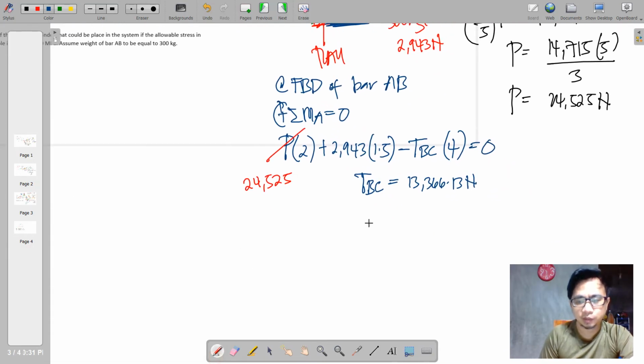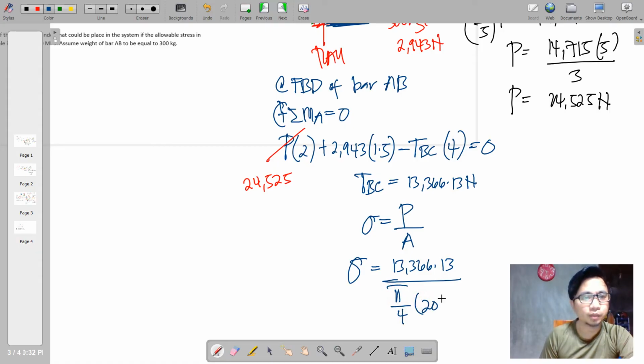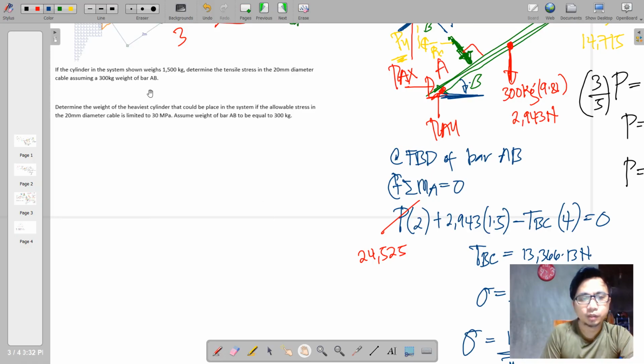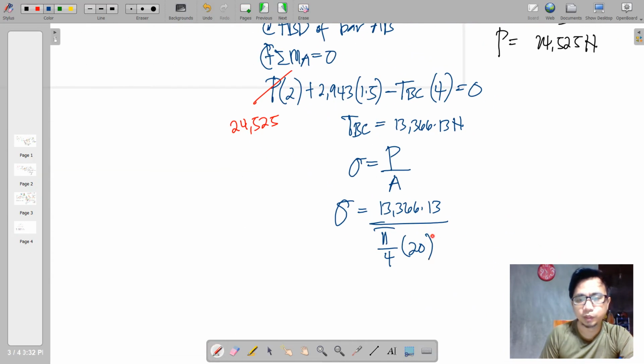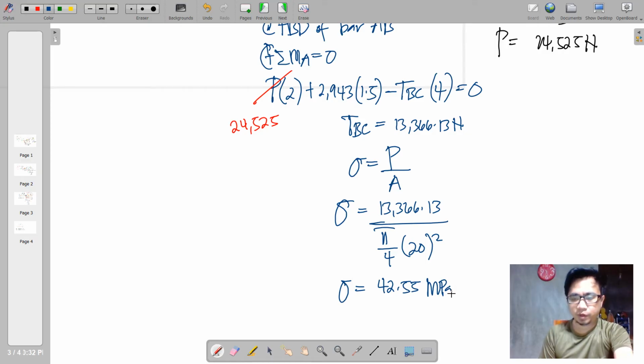After getting TBC, of course, we are concerned with the tensile stress. So stress is simple: P over A. So stress is 13,366.13 over the area of a cable which is 20 millimeters in diameter, so this is squared, and we have sigma equal to 42.55 megapascals.